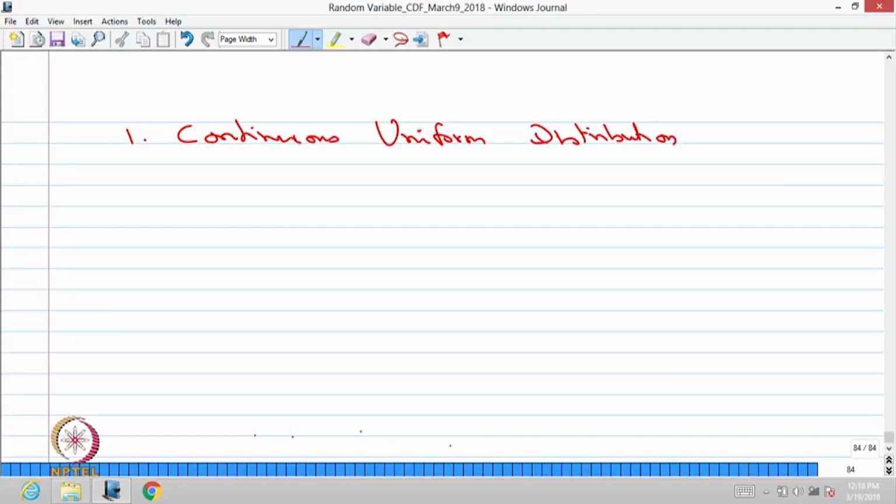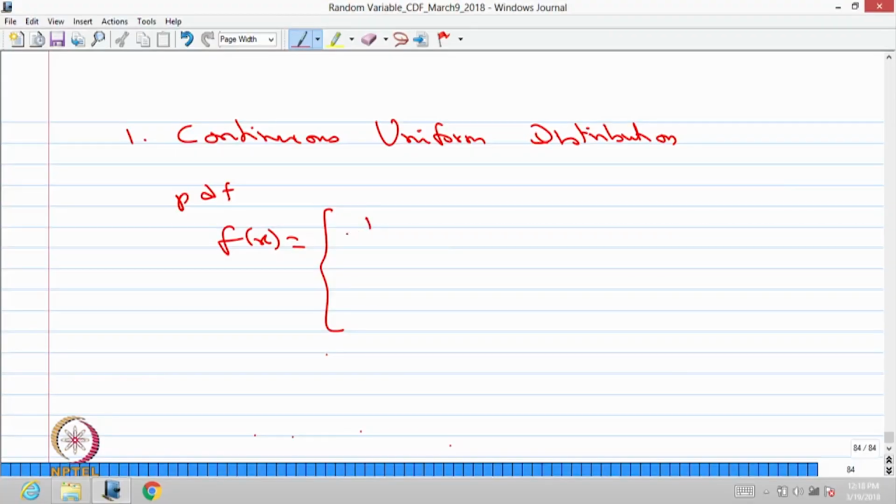A random variable x which is of a continuous type whose probability density function is of the form f of x is 1 divided by b minus a, where x lies between a to b, otherwise it is 0, where a, b are in the real line.